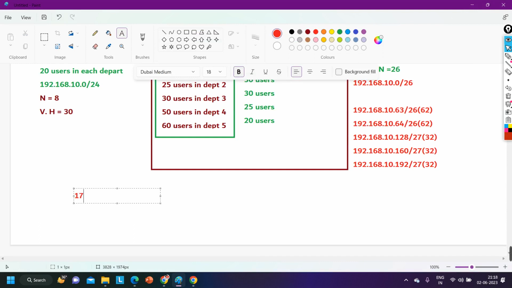The task is 172.16.0.0, and by default the CIDR value is, as you know, 16. Now your task is we have 10 departments. In department 1, I need 2000 IP addresses, let's say.